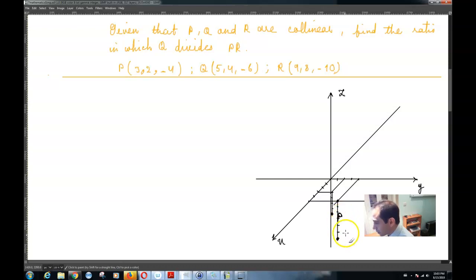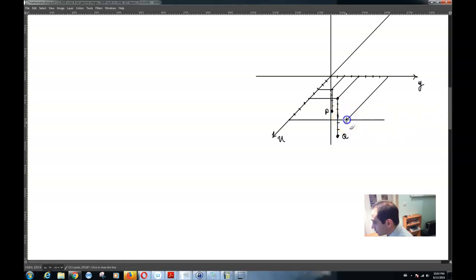This point over here is Q. And then R is 9, so 1 through 9, then 8, so 1 through 8, and -10, which is this point over here, 1 through 10. This point is R.